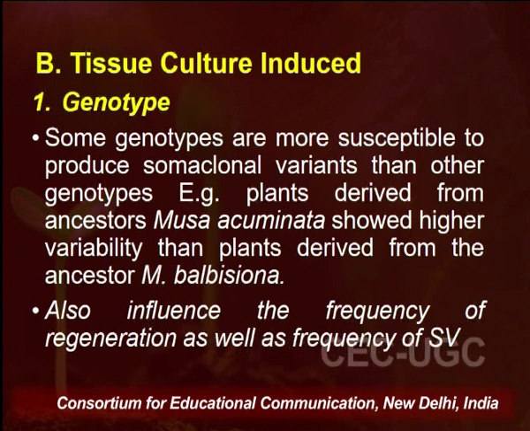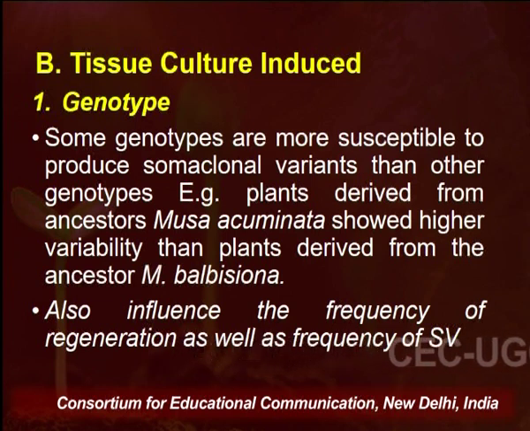Now we move on to the second category of the causes, that is tissue culture induced causes. So first one is the genotype. Now we know that every plant has its own genotype. Even different varieties of the same species will have their own genotype, and therefore it would not be wrong to say that some of the genotypes are more susceptible to produce these kinds of variations in comparison to other genotypes.